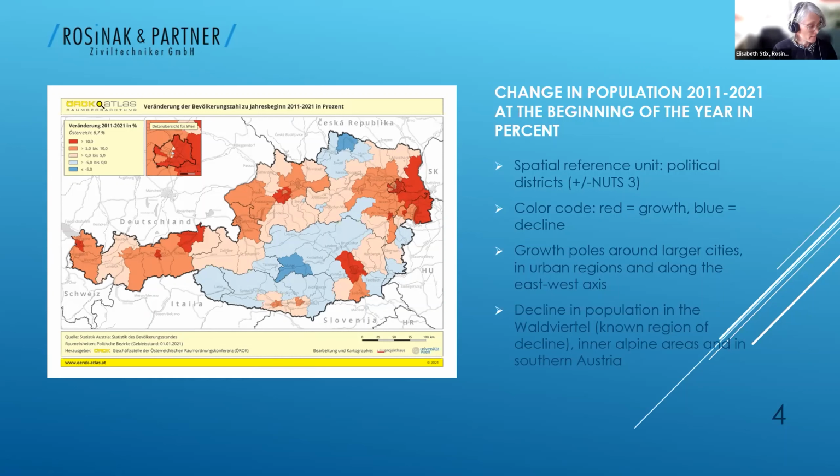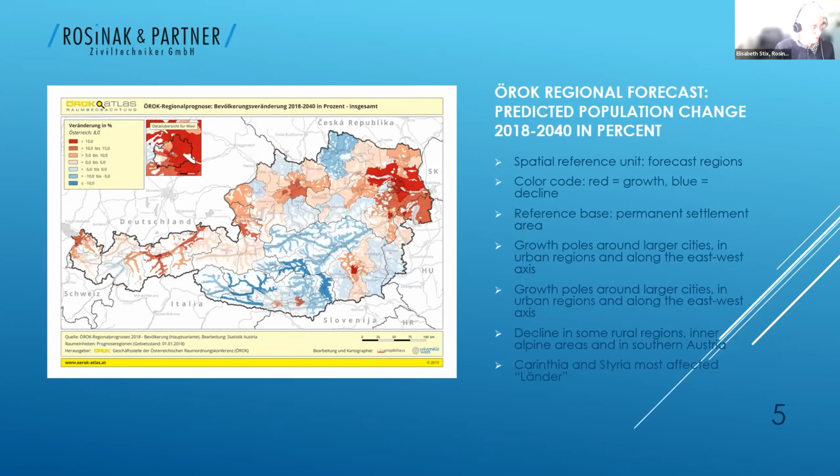And you have this blue part in the center of Austria, some kind of inner periphery where we have to face a population decline. And in the north, it's also a zone with, let's say, traditional decline. And this was looking back, and now we want to look forward.